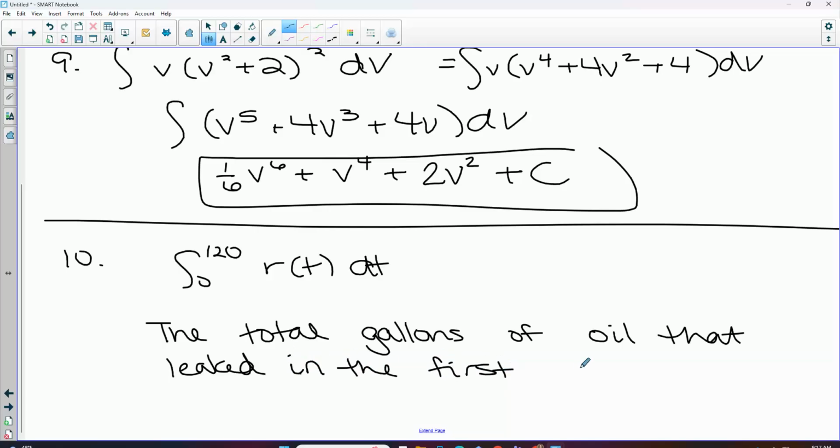So I could say in the first 120 minutes or between 0 and 120 minutes. So R(t) was the rate. When you go backwards, you're getting the amount. So if I gave you a function where you were integrating like the rate of sales, when you go backwards, you would get the amount of sales.